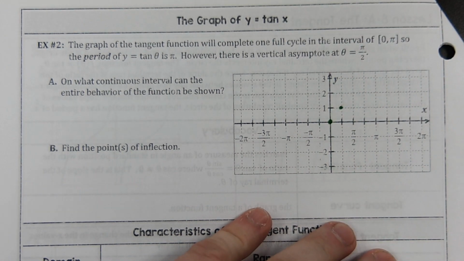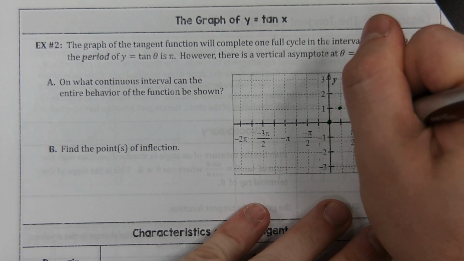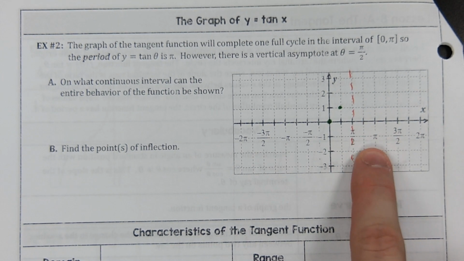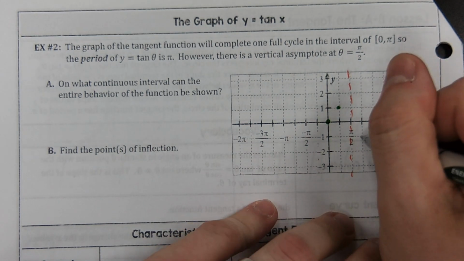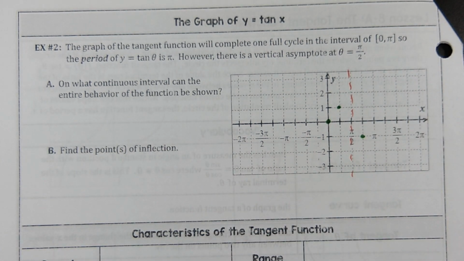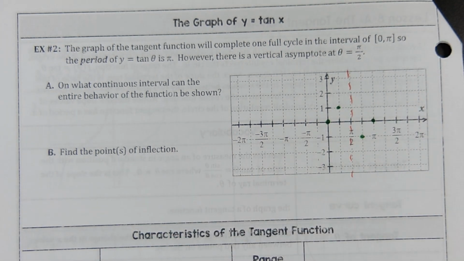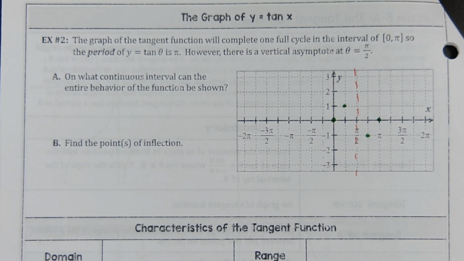At pi over 2, tangent was undefined. The next one is 3 pi over 4, where tangent was negative 1. So this is all from that table we just had. And then we were again 0 at pi. That was everything in our table other than the pi over 3 and pi over 6.